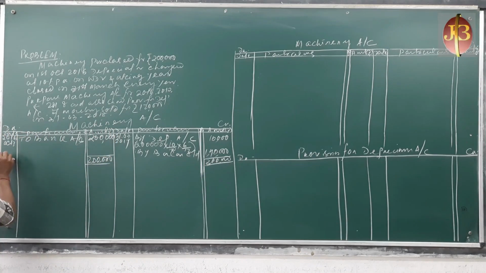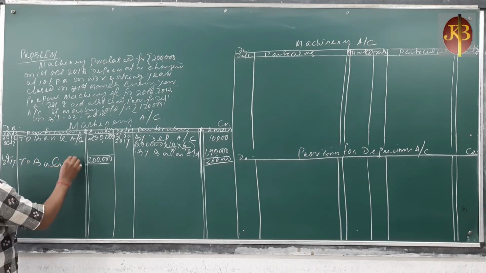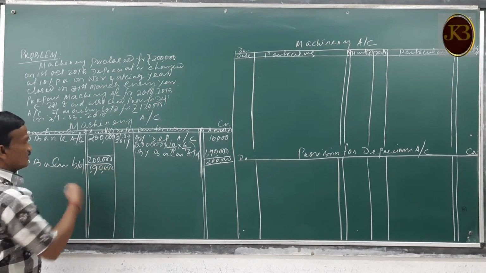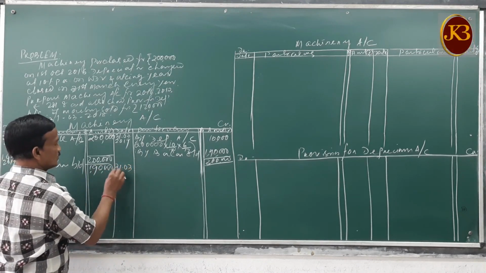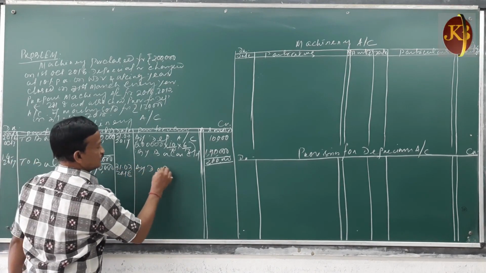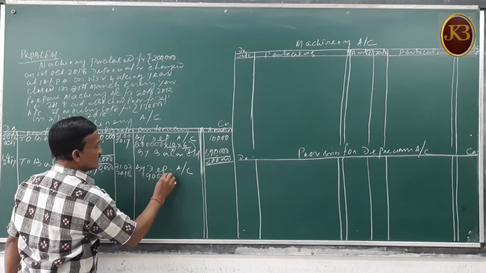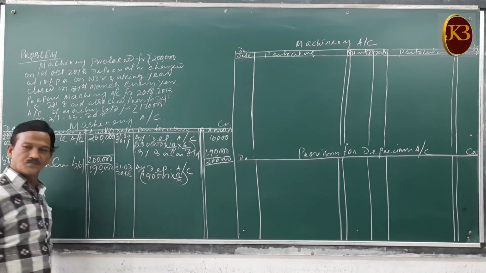Again, 1st April 2017, balance brought forward, balance brought down 1,90,000. Again 31st March 2018, by depreciation account, that is 1,90,000 into 10% for the full year.